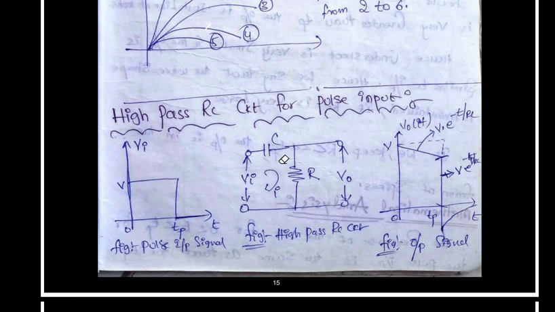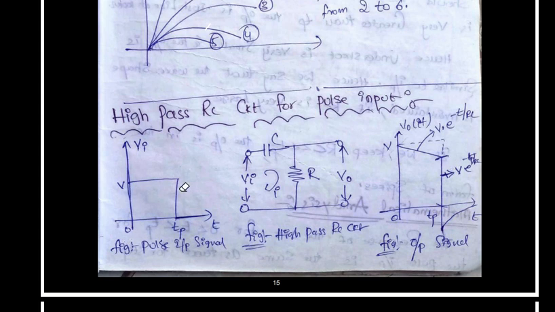The charging happens because of the current flowing through the resistor R. Because of this current, some voltage is developed across this resistor, indicated here with V0, and that voltage decreases exponentially. That means when the input signal is constant, the capacitor goes on charging, increasing the voltage across it, and the output voltage goes on decreasing exponentially from maximum value to the minimum value.